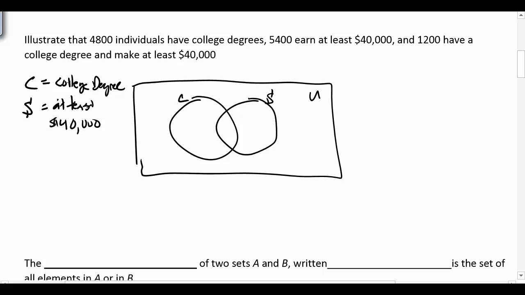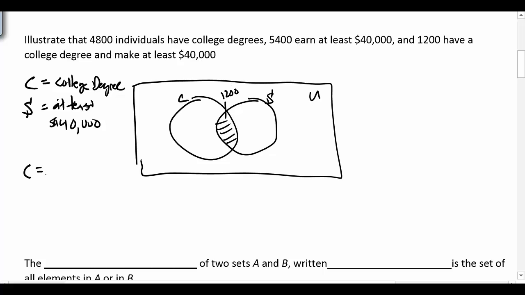Under the college degree, we know that there's 4,800 of them. I'm going to hold off on that for just a second because I want to start with this overlap, this little area right here. That's the part that has both, and I know that there are 1,200 in both.